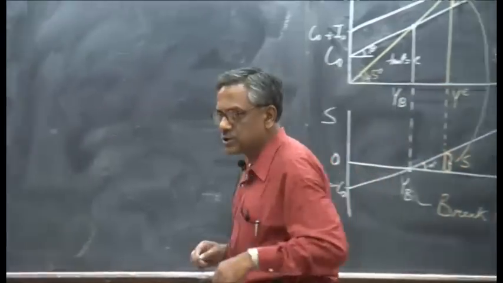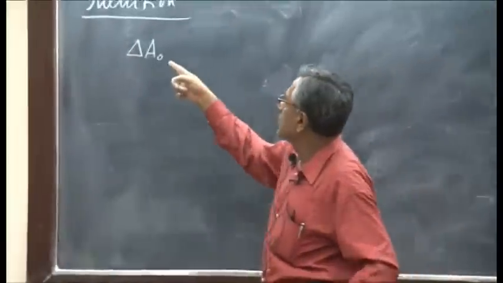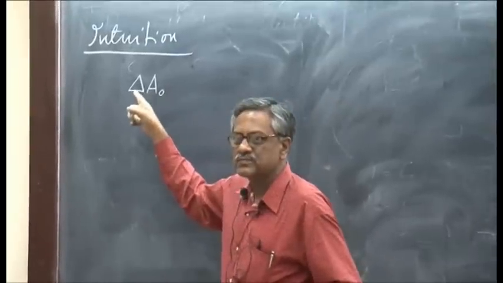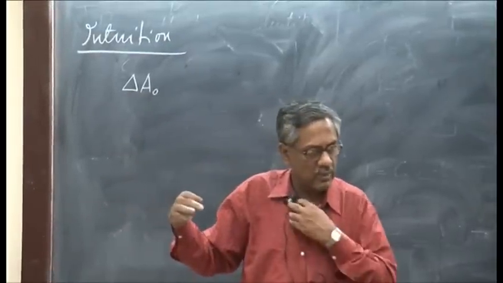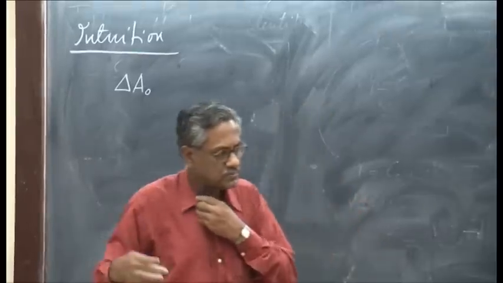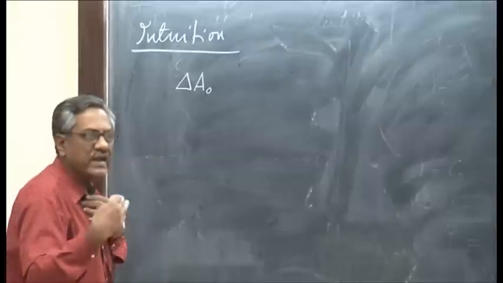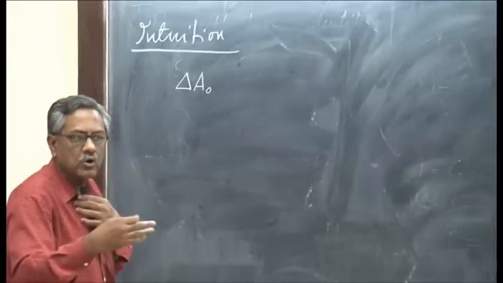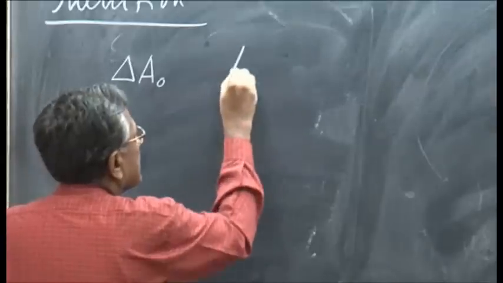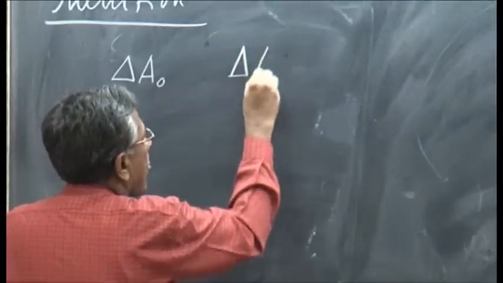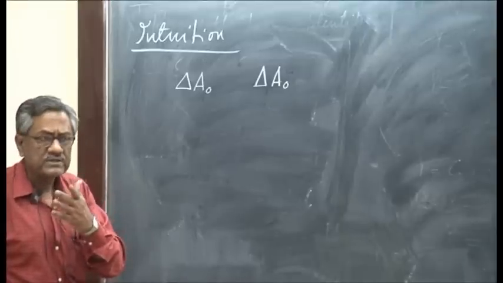In this simple world, let's assume that after the first period, this amount of demand has been placed by firms who are investing extra. It creates an extra amount of income, because this amount of goods will be supplied. It creates an additional amount of income called delta A naught.